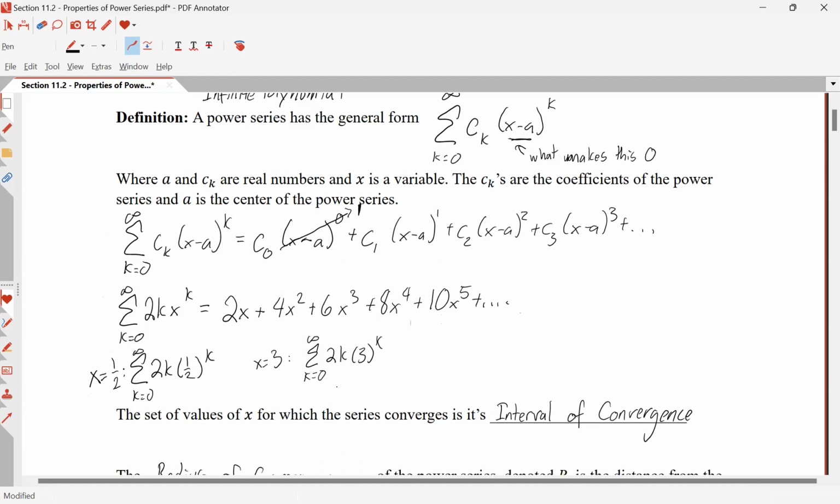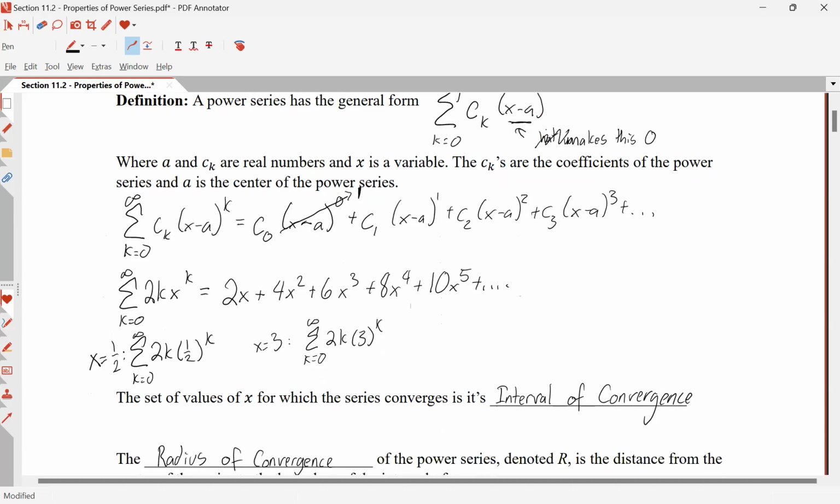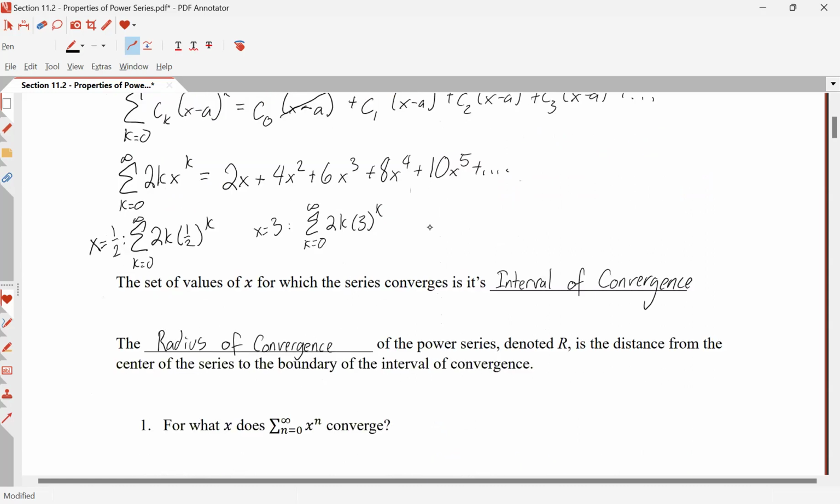But in general, that's going to be a. And so from the center out to the boundary of the interval of convergence is known as the radius of convergence.